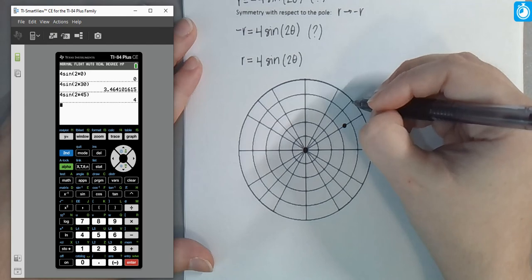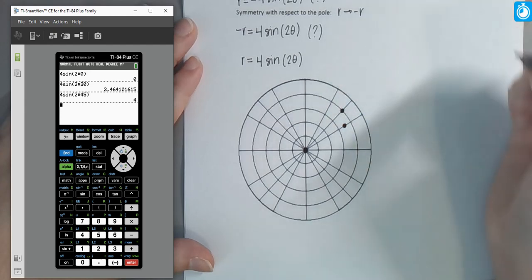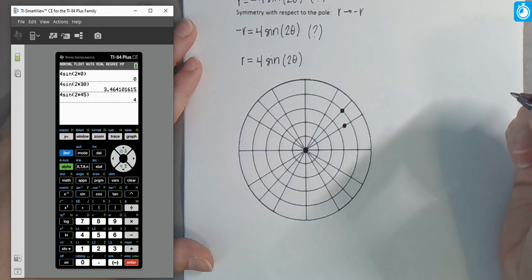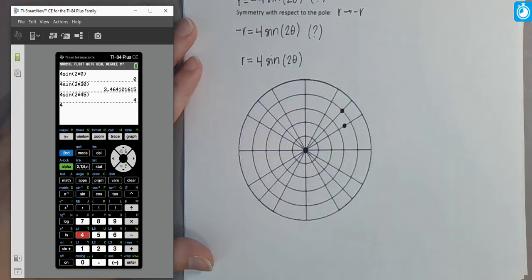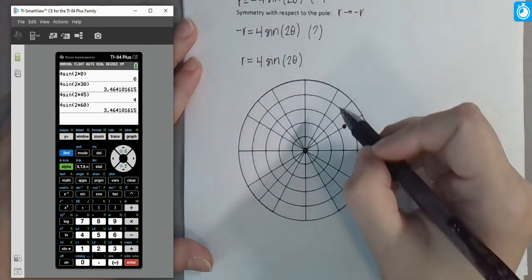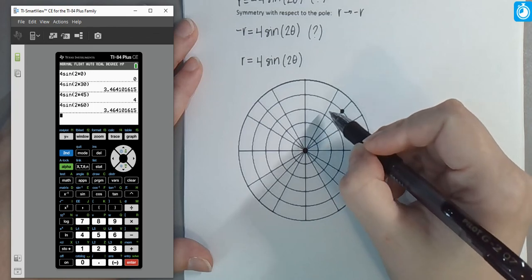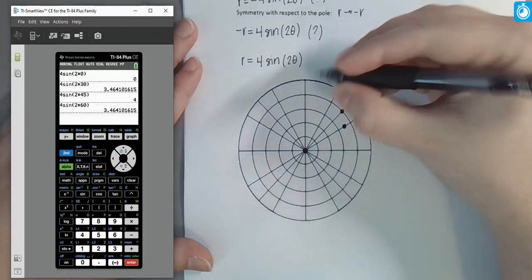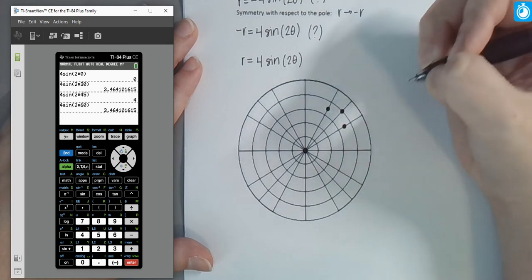So when we get to 45 degrees, pi over 4 radians, we're on the 4th ring. Once we get to 60, 4 times the sine of 2 times 60. Notice we have a symmetric value. So once we get to 60 degrees, pi over 3 radians, we have the same r value that we had just a moment ago. So we have something right there.